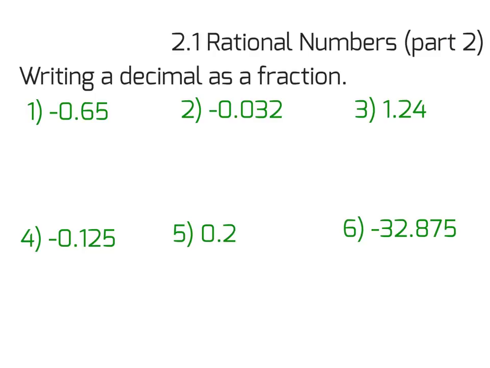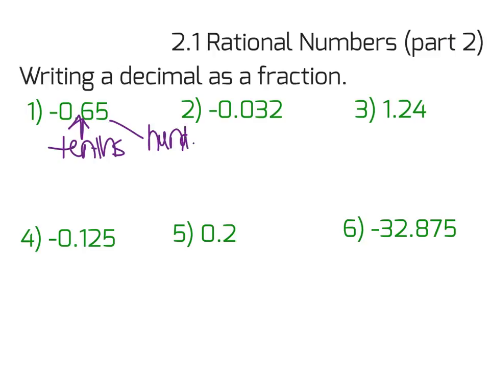It's always important to remember that any decimal that you have, it's always going to be put over a power of 10, like 100. Now, there's a couple good things and bad things to remember with that. So for example, this one here, if we know our place values, we know that this is the tenths and this is the hundredths.